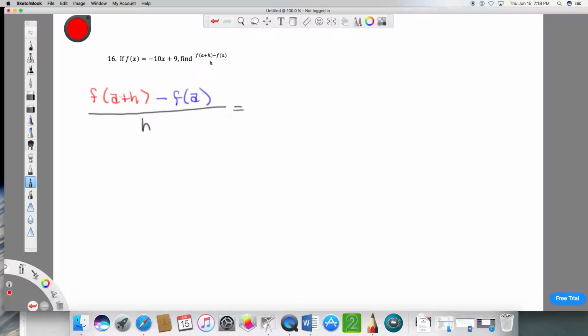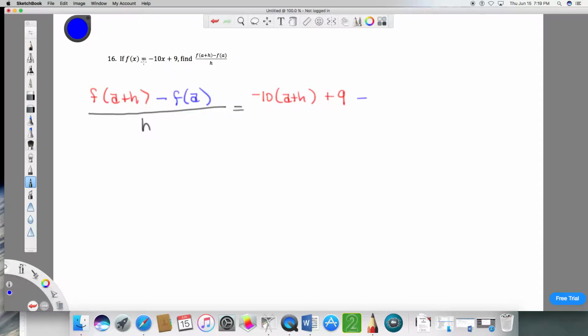What does f do to this input? Well, like we said, it creates an addition problem. It takes negative 10 times the input and adds 9. So our input is a plus h. Now we subtract, and here's where when we subtract, we can't just subtract the first term.